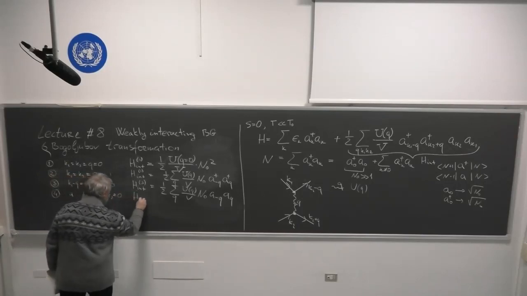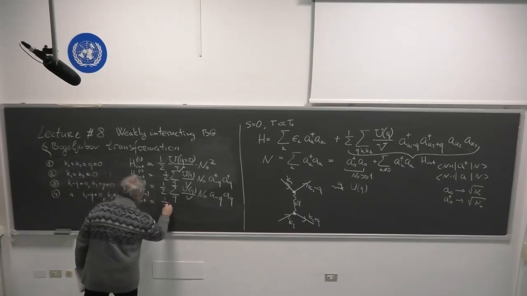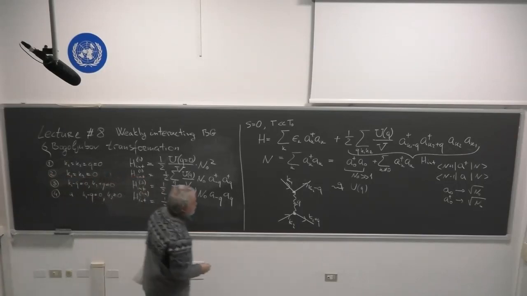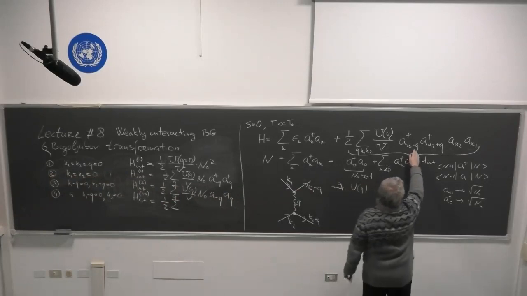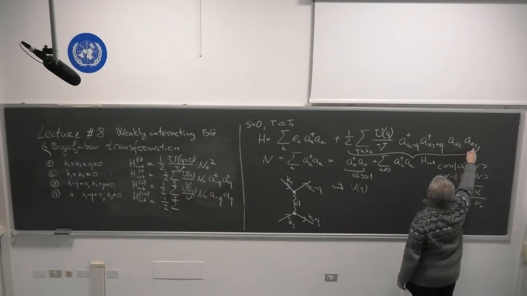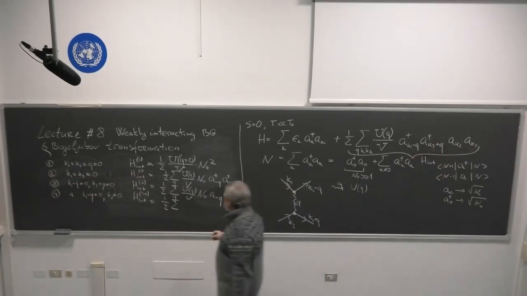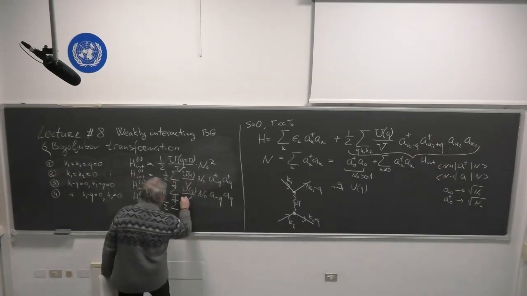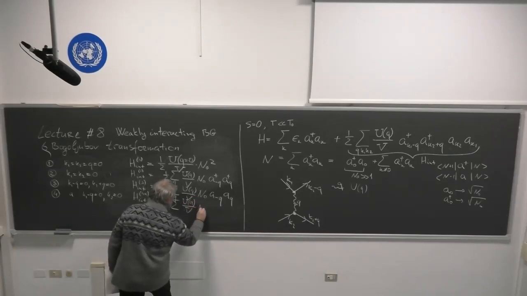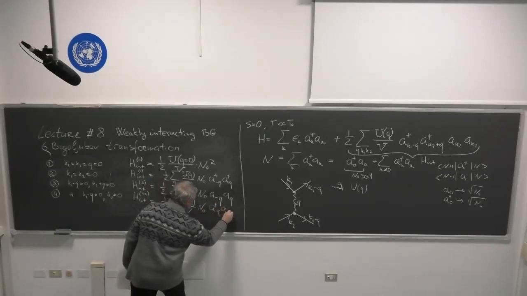So H interaction for A is equal to 1/2 sum. K1 minus Q is equal to 0, which means K1 is equal to Q. K2 is equal to 0, so we have A dagger Q, A Q. So this is sum U, Q over V, N node A dagger Q, A Q.